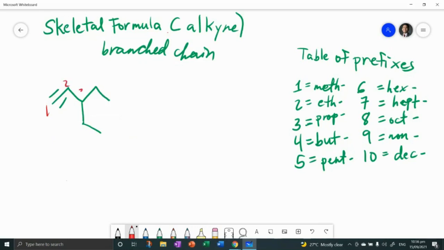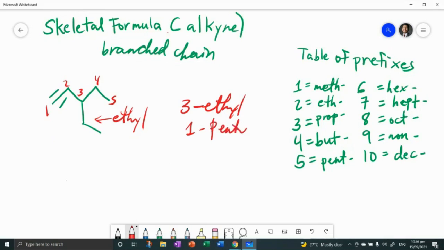So 1, 2, 3, 4, then 5. And then the ethyl group is present here, and there is a triple bond. So we see 3-ethyl. Let's name the branches, and then 1-pentyne. So its name is 3-ethyl-1-pentyne.